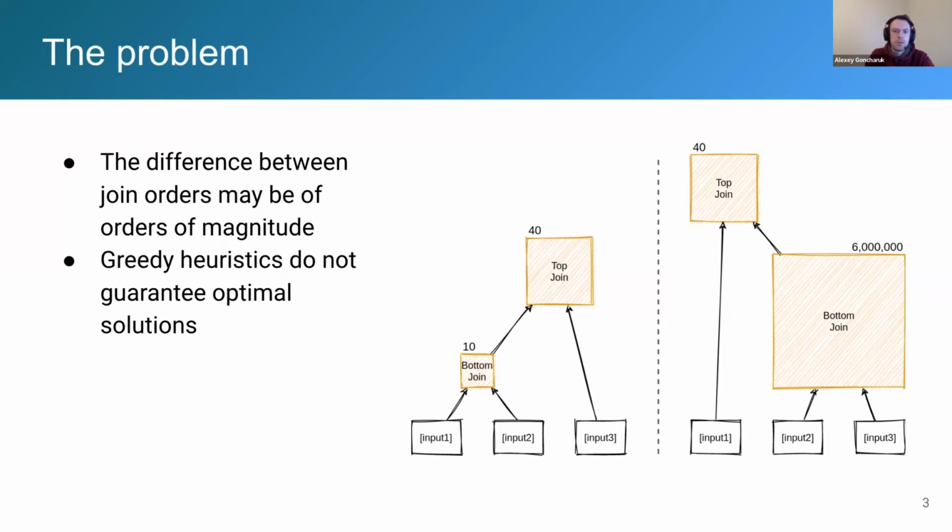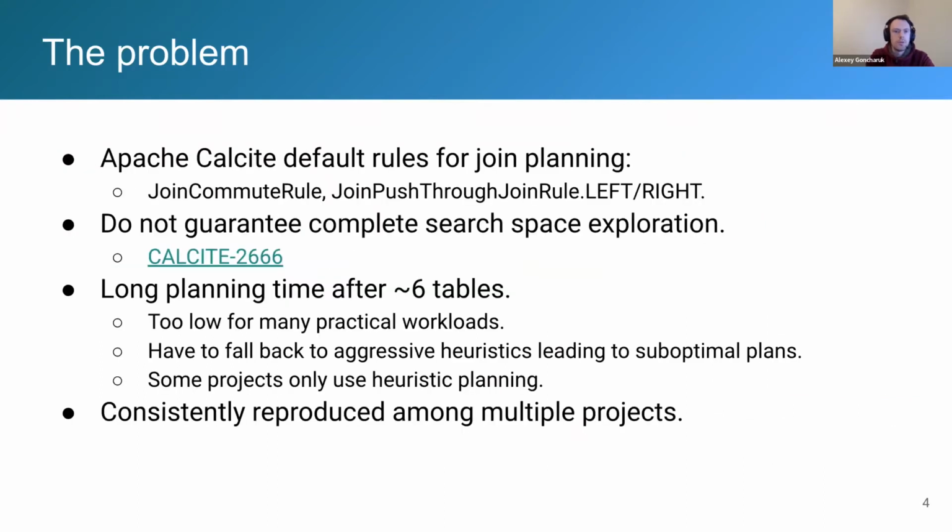And the problem is NP-hard, so different heuristics do not work in the sense that they do not guarantee globally optimal plans. And obviously Apache Calcite has some built-in rules, some built-in mechanics to optimize the order of joins.